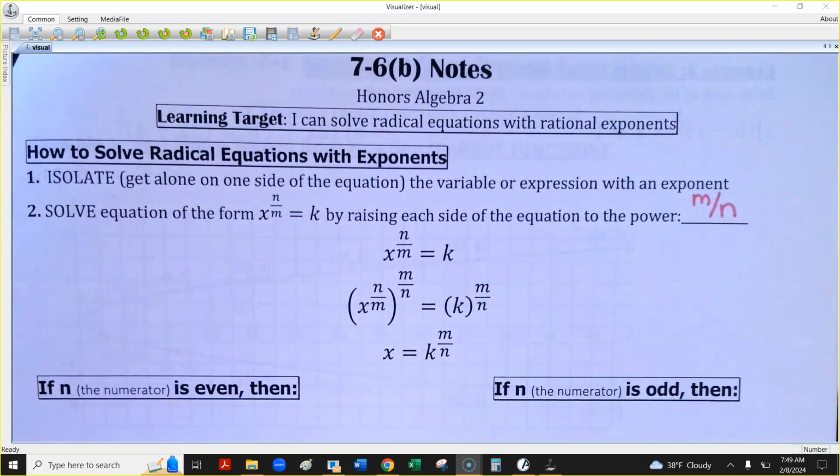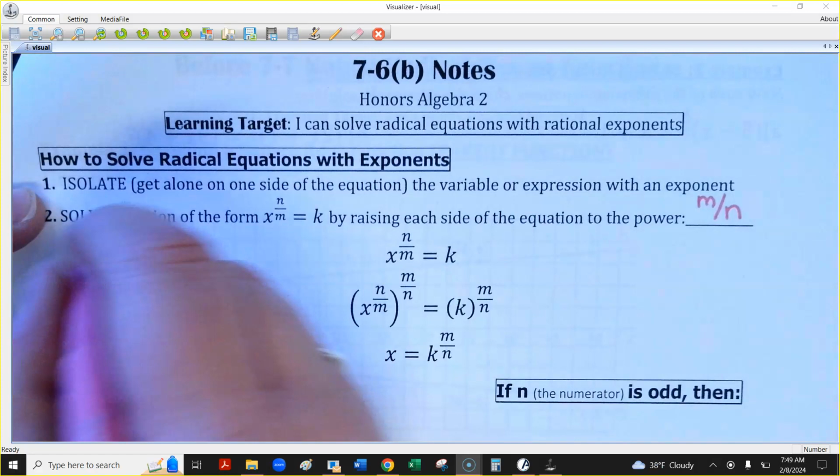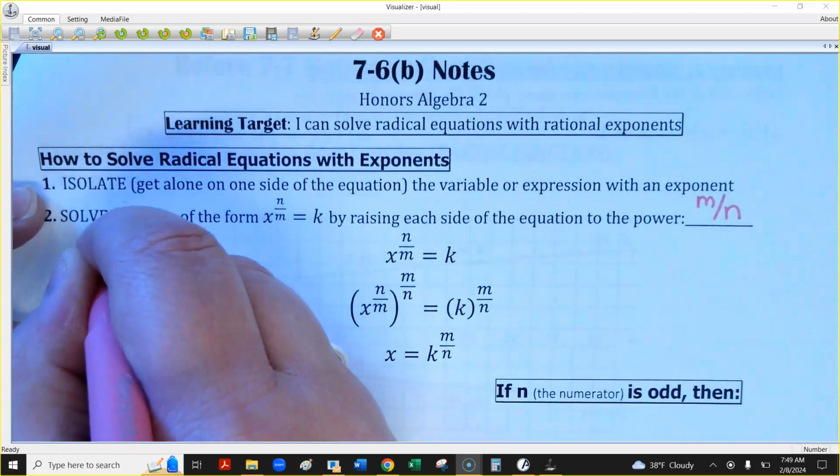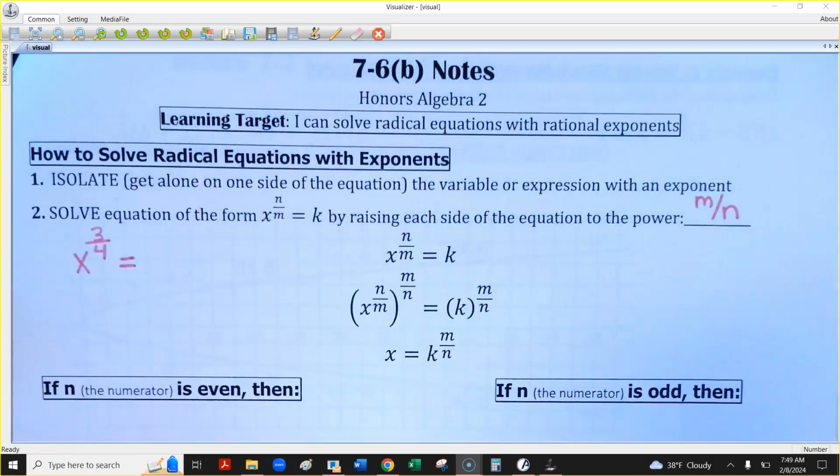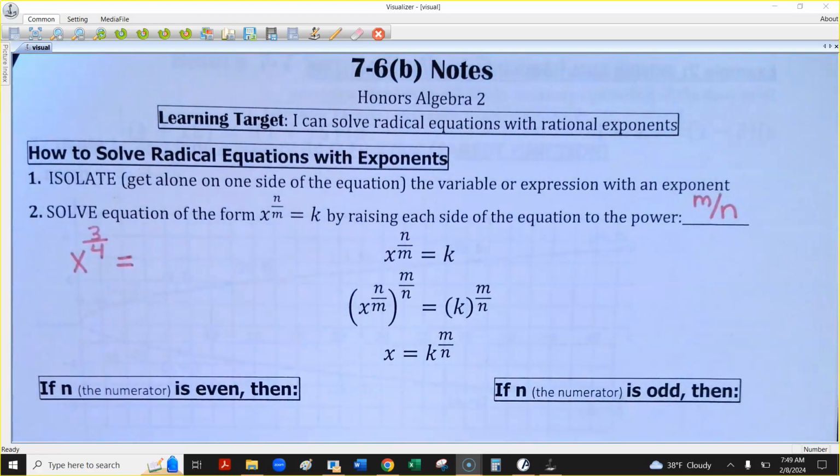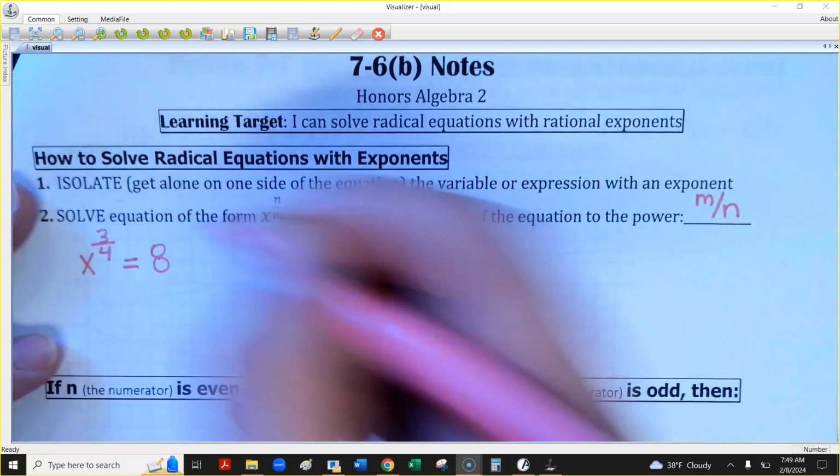That's what we're going to do on both sides. So like in my original problem, let me make up something. Let's say I had x to the 3/4 power, and I'll just mimic what's going on in this equation here to show this to you. Let's say this was equal to 8, just as a little example.